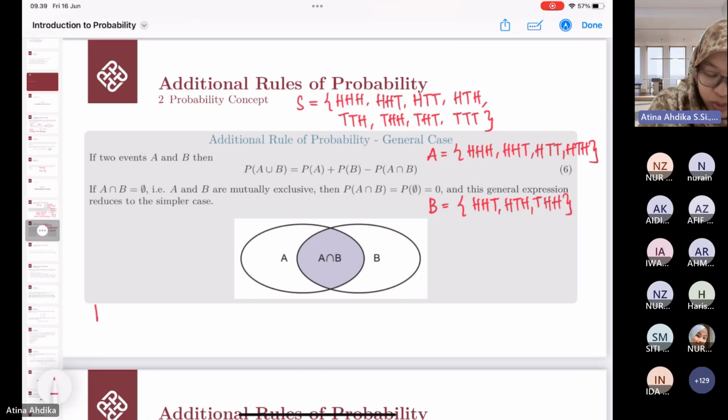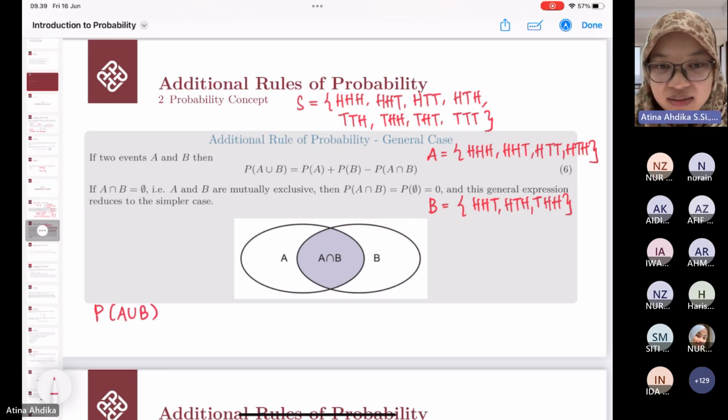So what is the probability of the union between A and B? Can anyone answer it? I have the sample space like this, and events A and B which consist of these elements. The question is, what is the probability of the union between A and B?